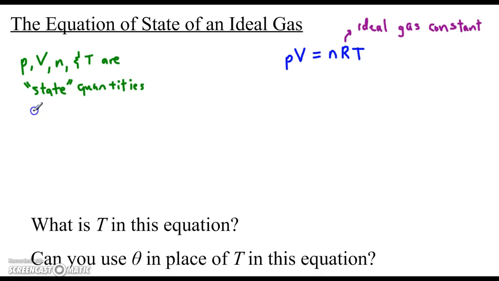I want to put down the units that we will be using when we use this equation. Pressure will be in Pascal, which is a Newton per meter squared. Volume will be in meters cubed. Amount of substance, n, is the number of moles.